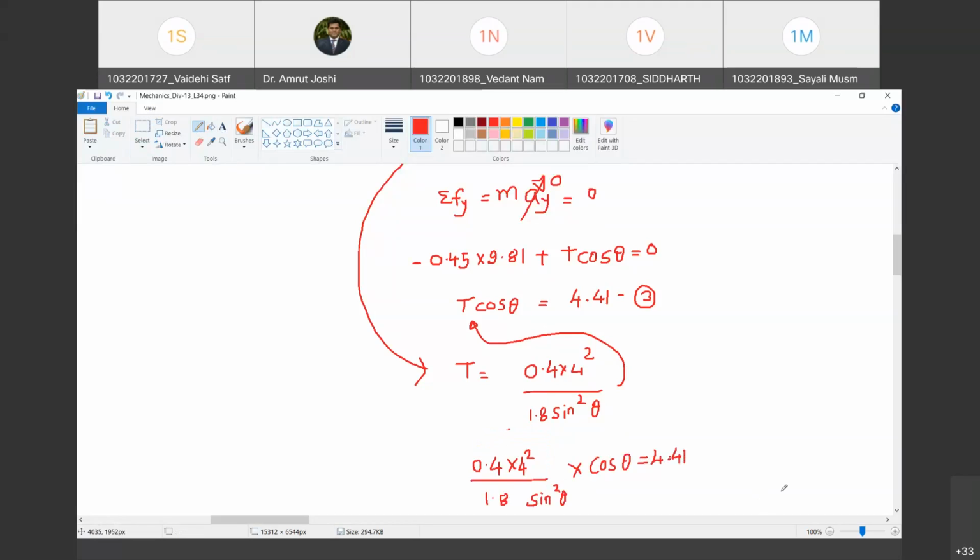So what do I get? 0.4 into 4 square. Ensure that your calculator is in degree mode. Multiplied by cos of alpha x divided by 1.8 into sine of alpha x bracket square, equal to 4.41. Shift solve. Oh, it says no solution.